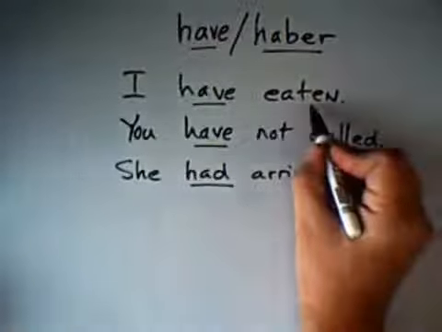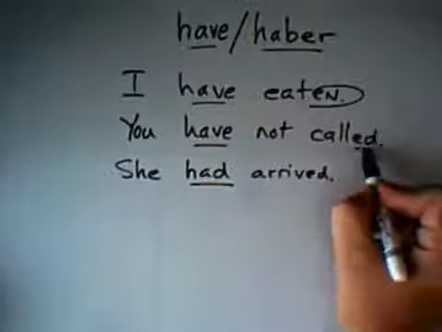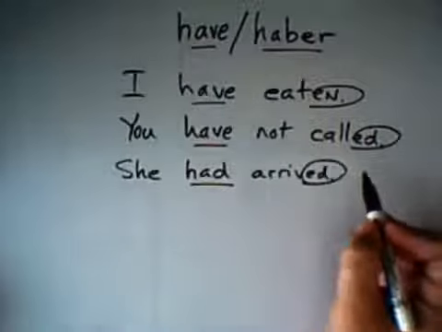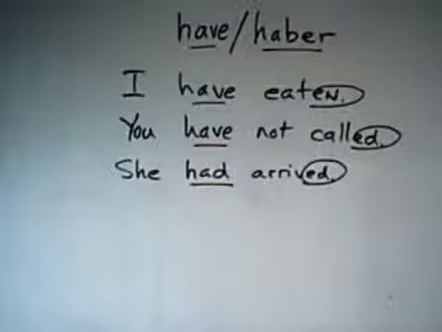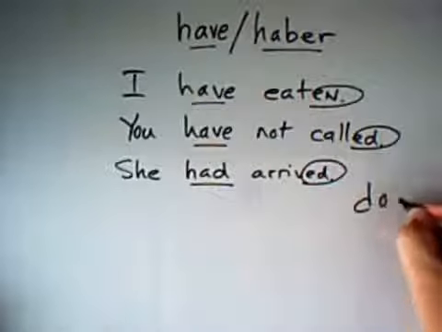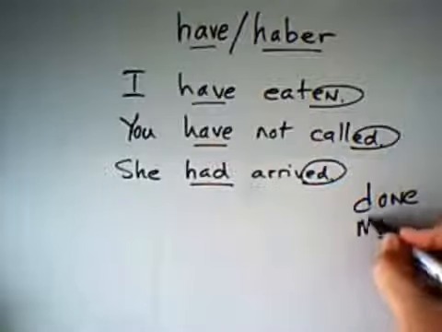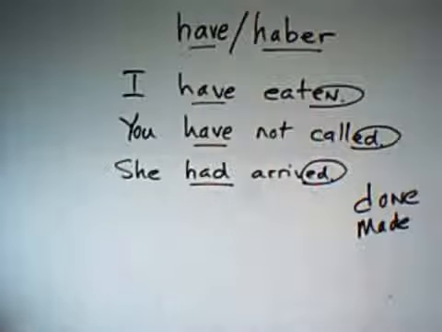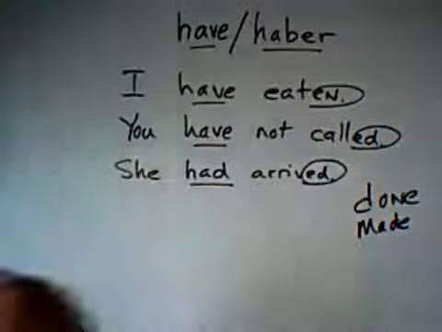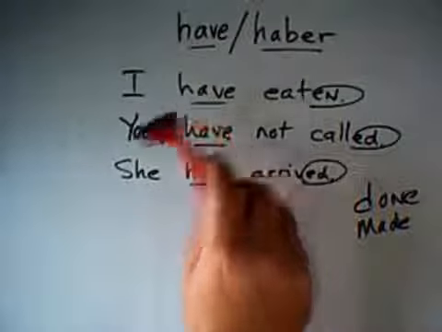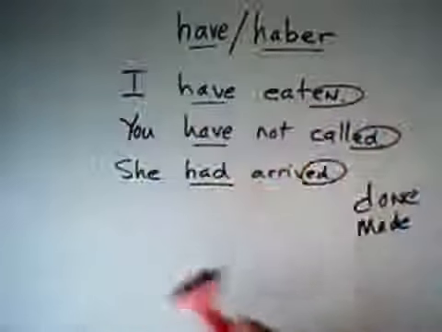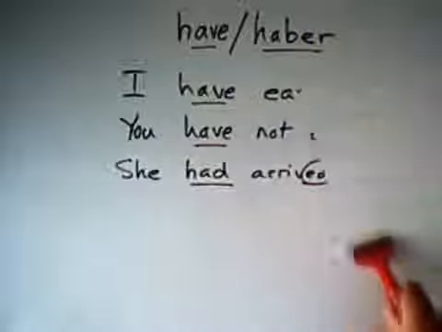You can see that it's a little bit harder to predict the endings for what are the past participle verb forms in English. Sometimes it's en, sometimes it's ed, sometimes it's a completely irregular form. I have done, she had made. Okay? So it's a form of the verb to have with a past participle form of the verb. That's our compound tense using to have.